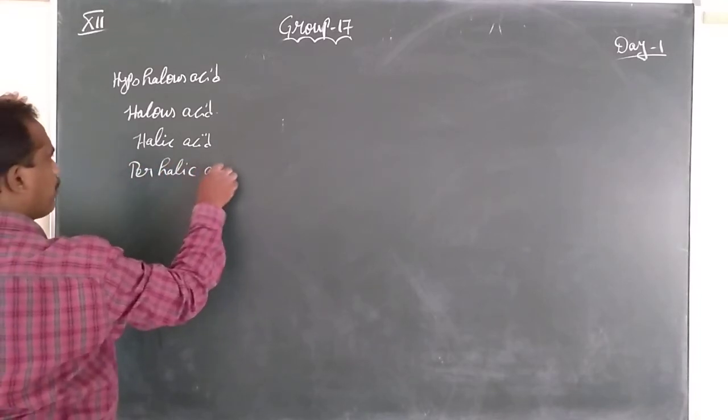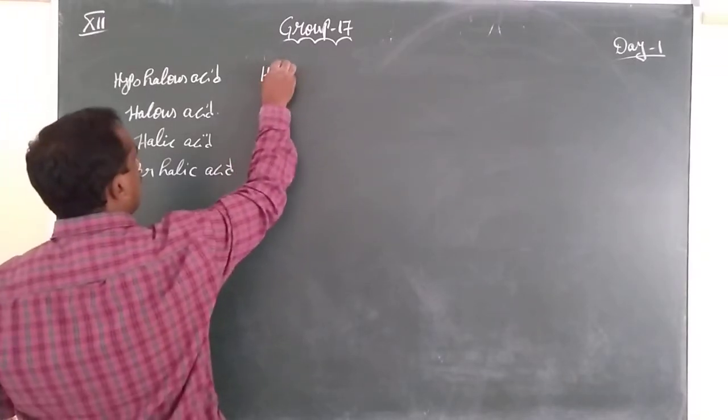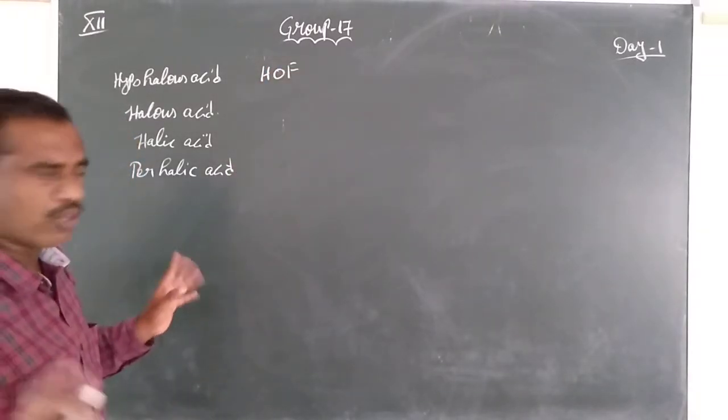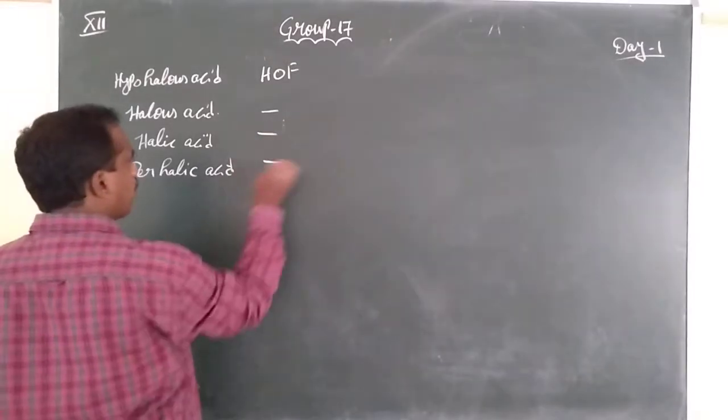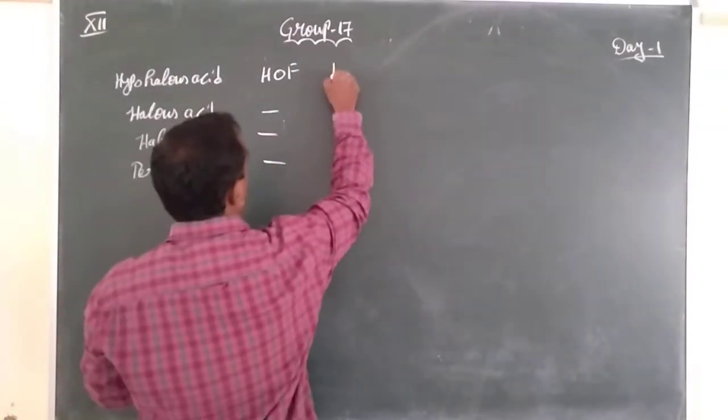Fluorine will form only one, HOF, only the hypohalous acid, but it is not forming the remaining. But our chlorine will form all the 4.